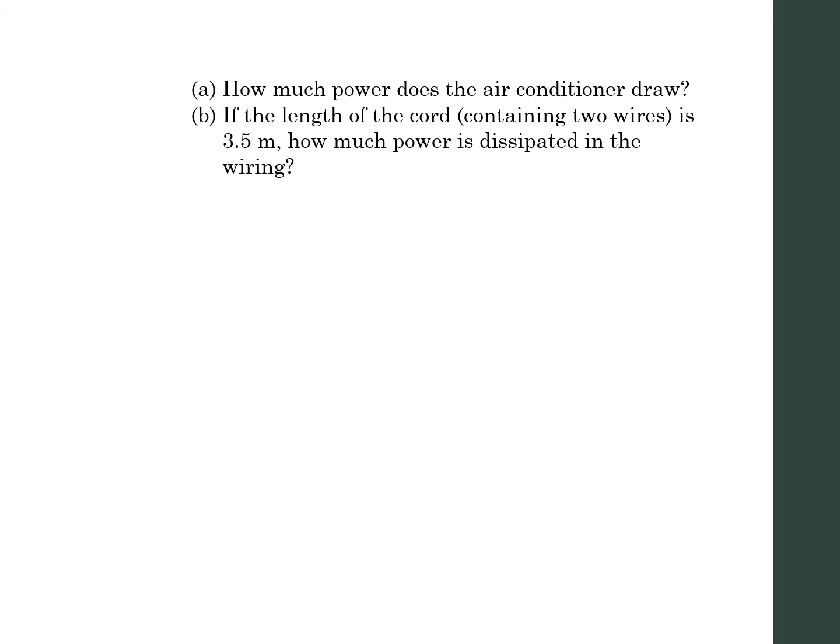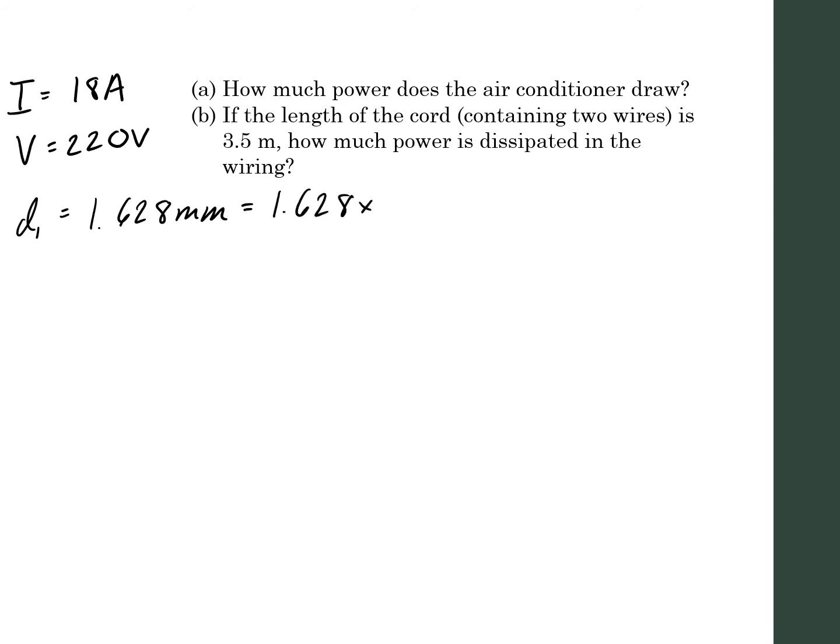So the first thing I'm going to do is write out my information so I know my current is equal to 18 amps and my potential is 220 volts. My original diameter, so that's the diameter that I'm going to be using, in A and B, I'm going to call it diameter 1, and it's 1.628 millimeters, or 1.628 times 10 to the negative 3 meters.